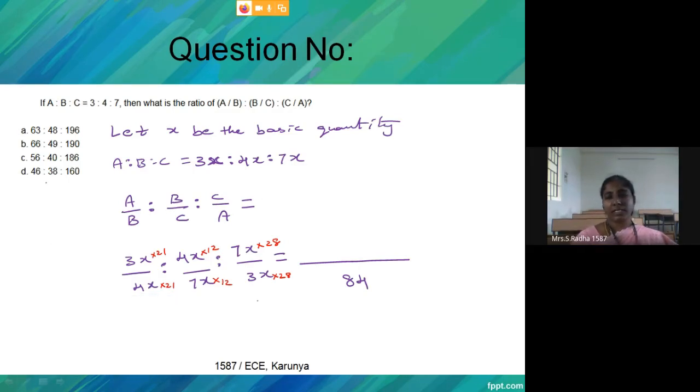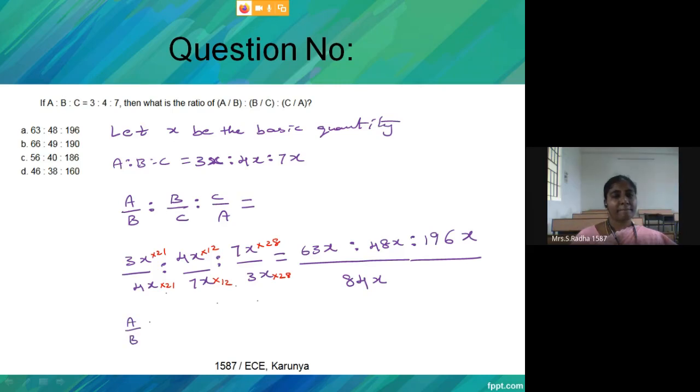So here the denominator is 84x. I am making a common LCM denominator 84x, and the first numerator will be 63x, the second will be 48x, and the third will be 28 into 7, 196x. Now the denominator is the same, so you can neglect the denominator.